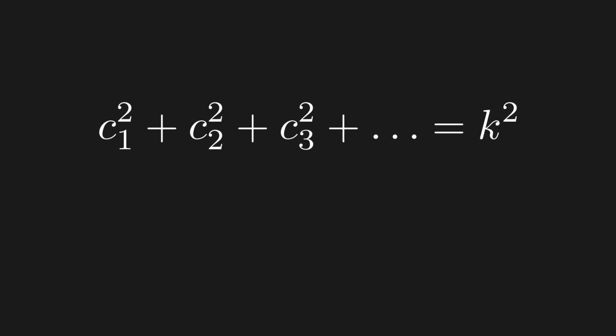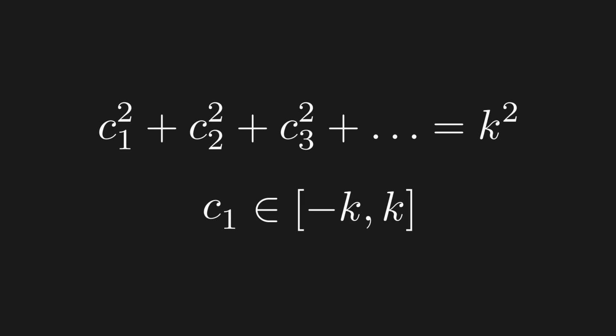Before doing that, let's take a second to analyze the second condition here to see how all the coefficients relate to each other. First, what values can we choose for c1? Well, the only real constraint we have is that c1 squared has to be less than or equal to k squared, since otherwise the left-hand side would be bigger than the right. In other words, the choice for c1 is any number between negative k and k inclusive.